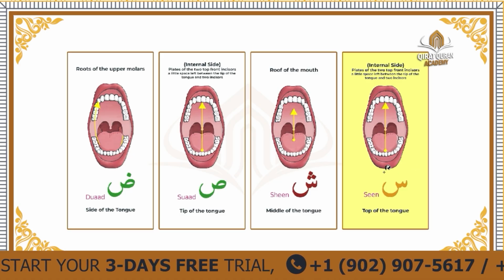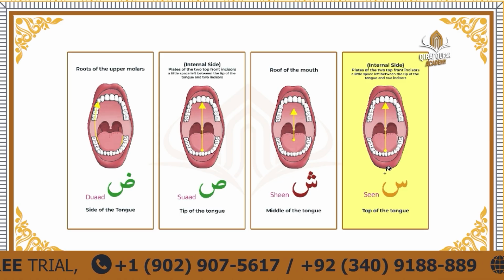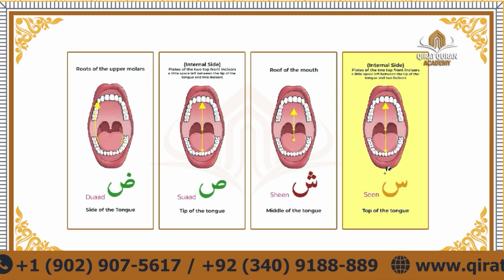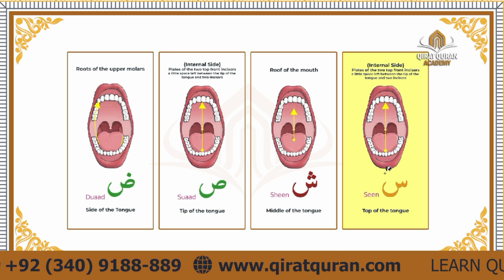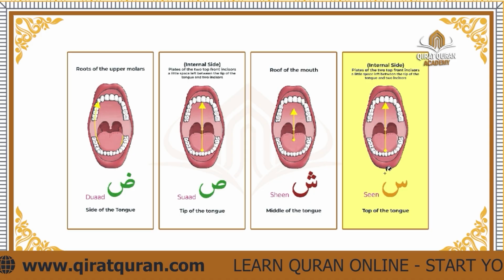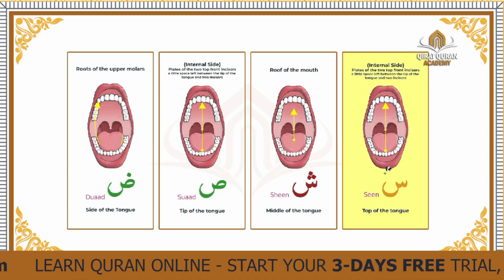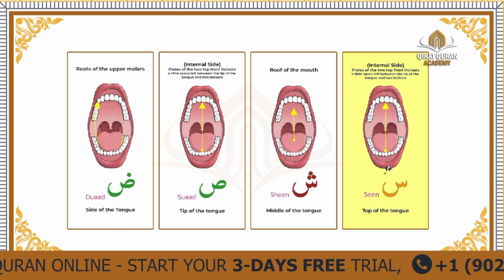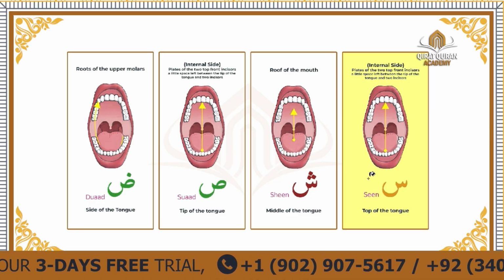And I mentioned that while reading za, you will hear a whistle-like sound. So for sin also there is a sound like a whistle, sin. So this is the origin of pronouncing sin.